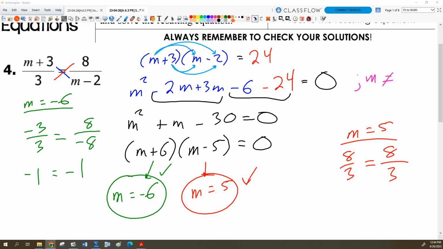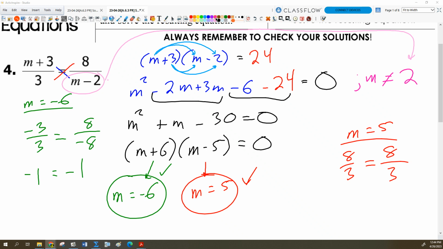Negative 3 is okay because that's a 0 in the top. That's okay. 2 though, 2 would be a problem, wouldn't it? Because that would cause us to have a 0 in the bottom of a fraction, and we can't divide by 0. So this guy right here tells us that m cannot equal 2.